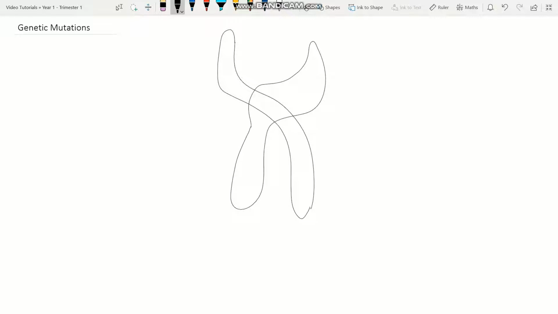So, the P arm, what does that mean? P means petit, and therefore in English it's small arm. This is always the shorter arm of the chromosome. Q arm, on the other hand, is the longer arm. And the centromere is the center, or the point at which the 2 sister chromatids cross over one another.